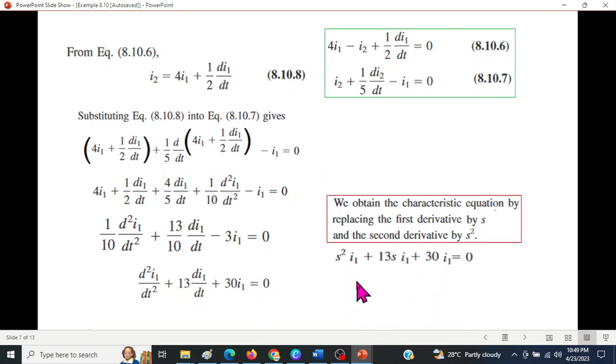So our equation will be s square I1, 13s I1 and 30 I1. So taking I1 common and taking it out to the right hand side equal to 0, our equation left is s square plus 13s plus 30. This is known as the characteristic equation.